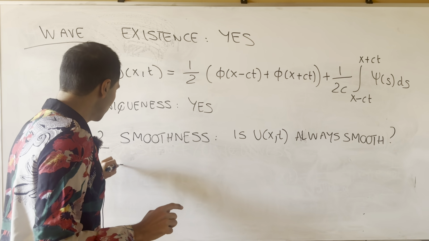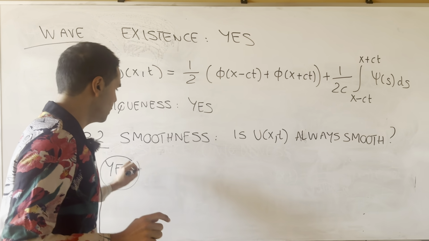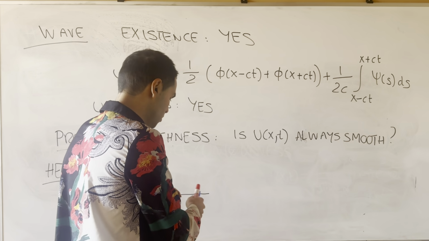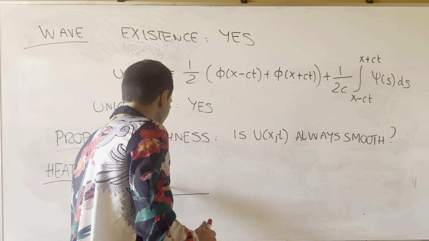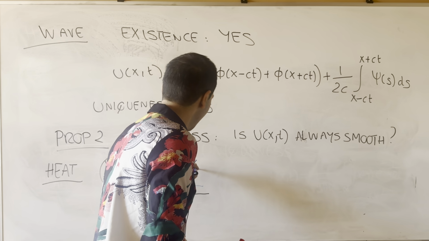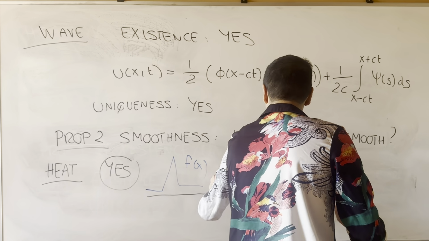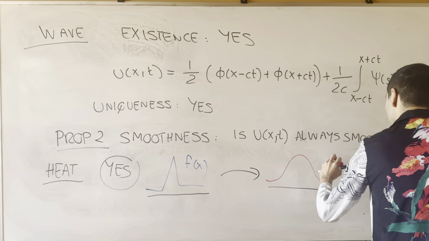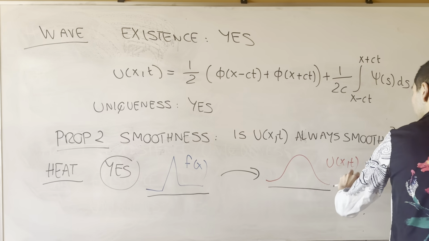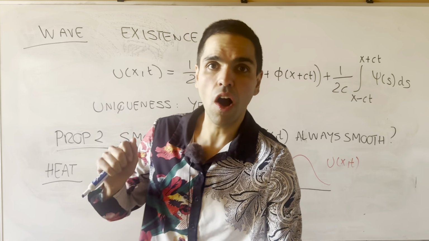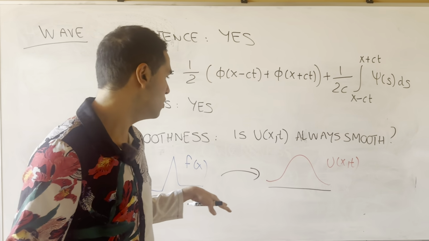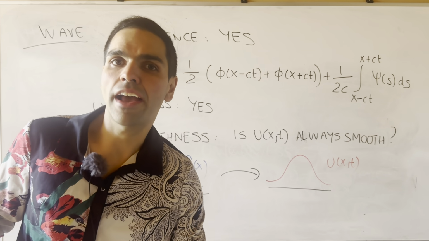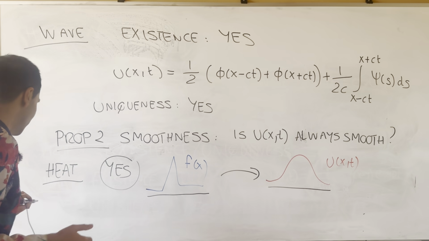Because remember, for the heat equation, the answer is yes, meaning that no matter what f looks like, even if f looks like this, then the solution to the heat equation becomes automatically smooth. And remember, that's because all the derivatives fall onto the super smooth function e to the minus (x minus y) squared over 4dt.